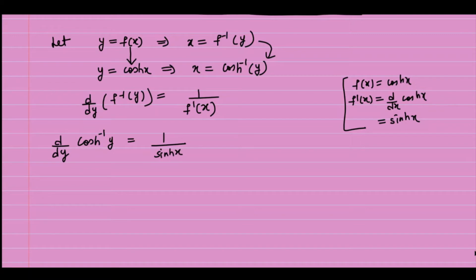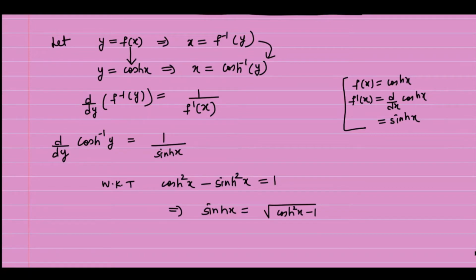Now we know that cosh square x minus sinh square x is equal to 1. So from here we will get sinh x is equal to square root of cosh square x minus 1. So we will substitute this value here.